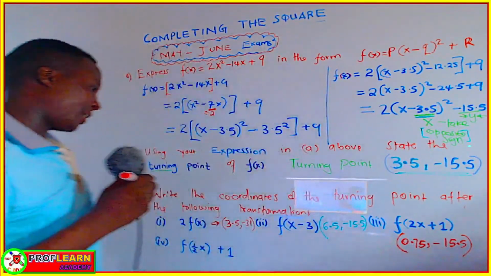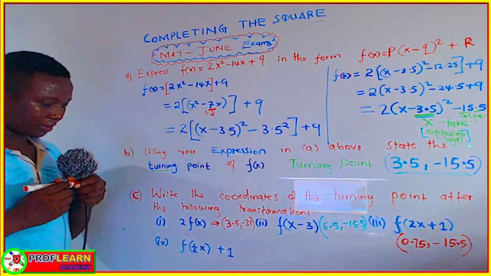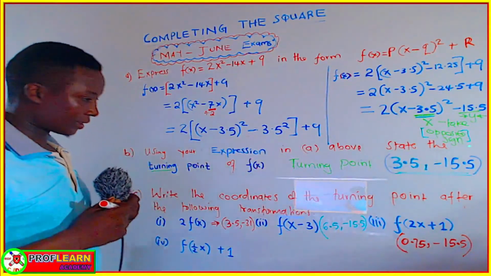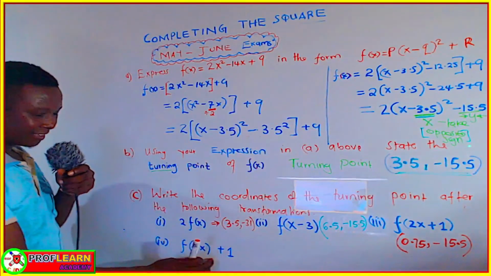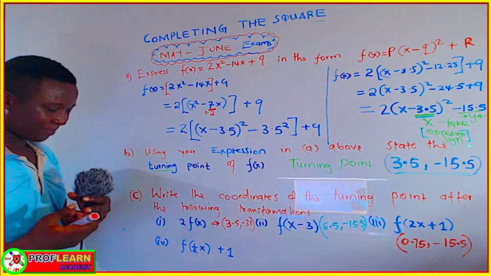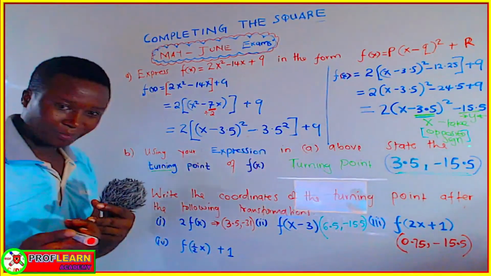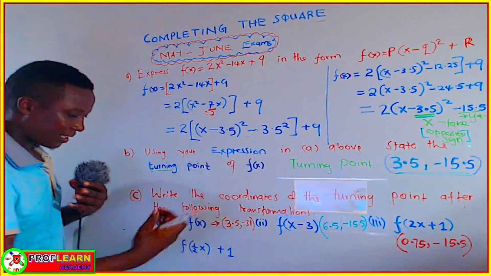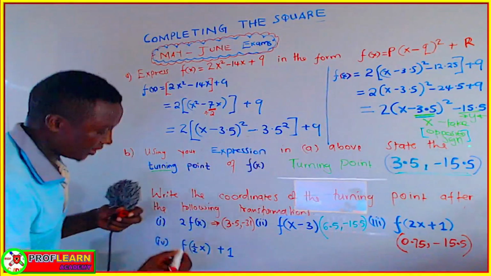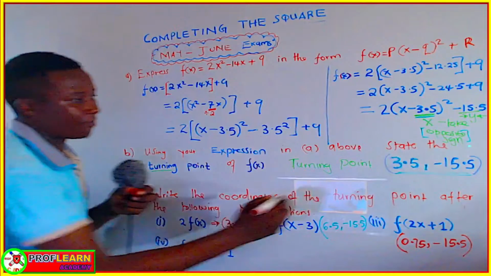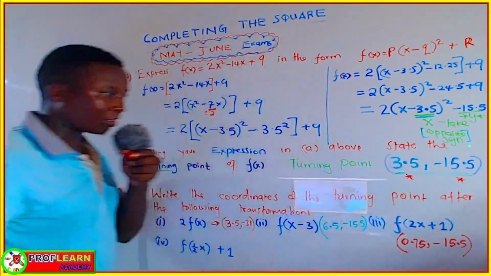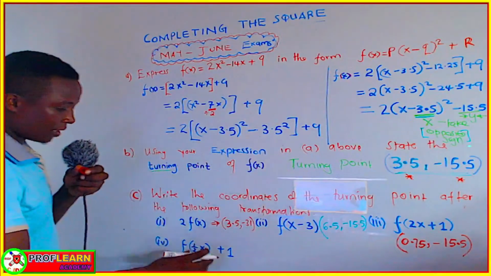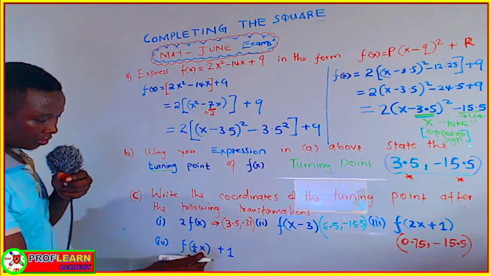Now I believe we have talked a lot about the x transformation inside the bracket. This one has both an inside transformation and an outside transformation, so the values of x and the value of y are both going to change. How are the values of x going to change?